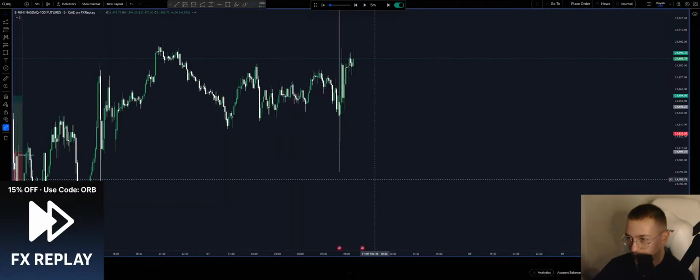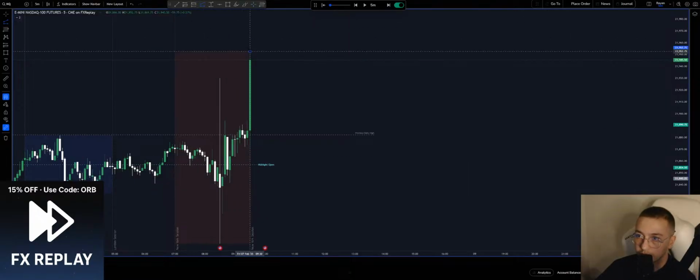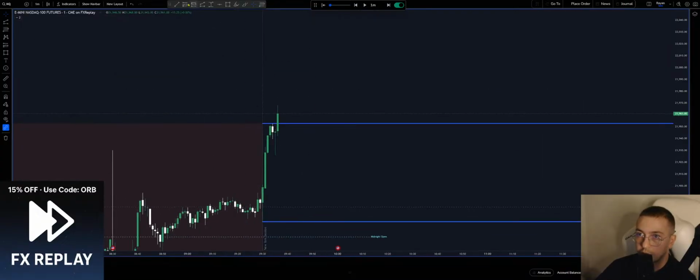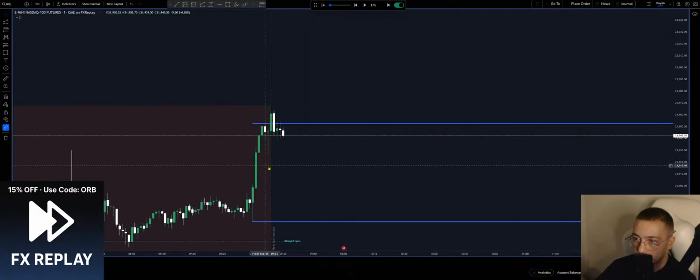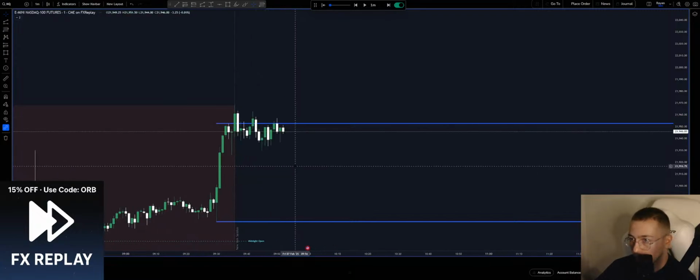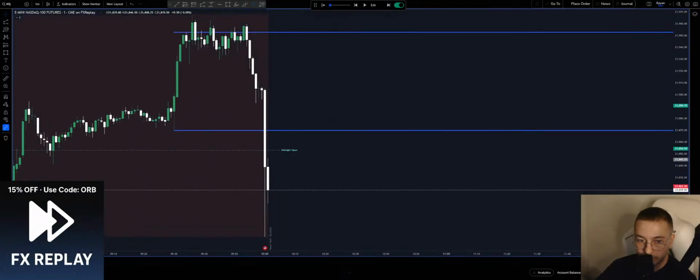Alright, next day. One-minute time frame. Close above the range. There is no gap. Oh, there's no gap. Okay, that's the entry right there. That's your entry.